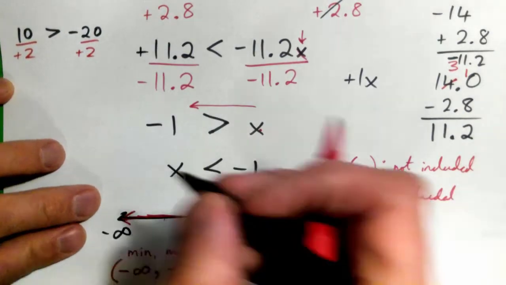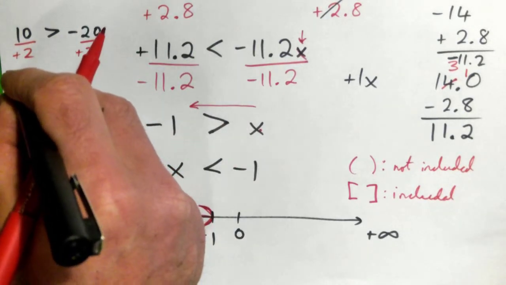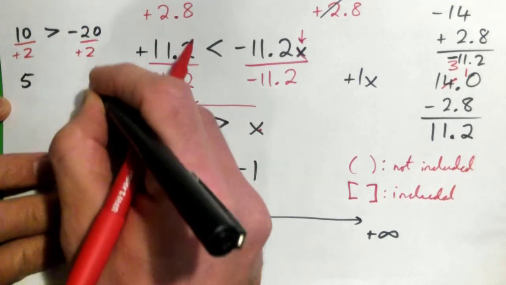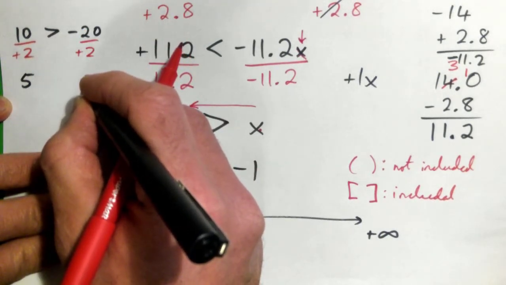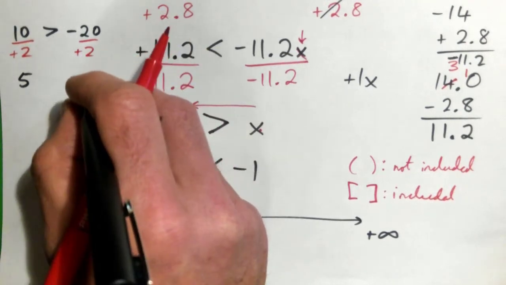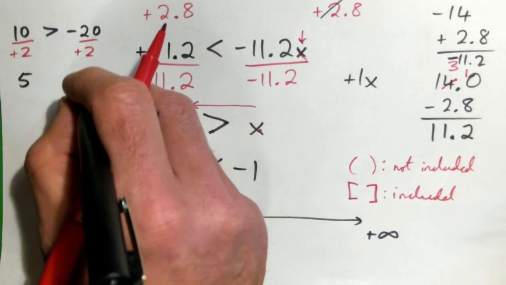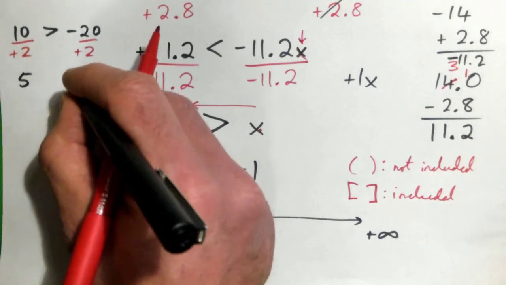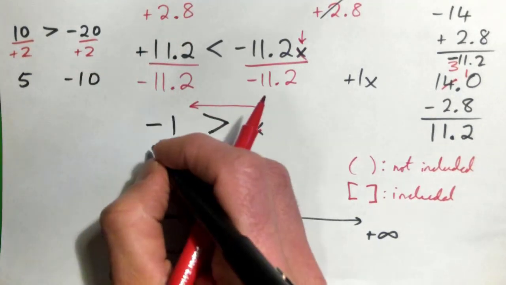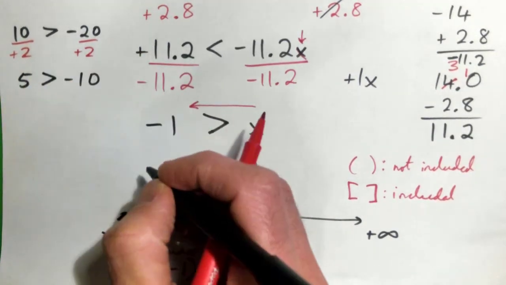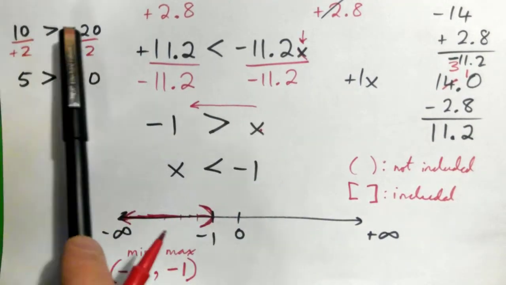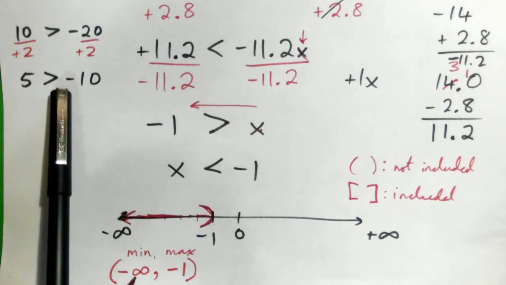What do I get on the left and right? 5 here, and what do I get over here? Negative 20 divided by 2. No. Negative 10. Now, which is greater? So 5 is greater than negative 10, right? So I divided by a positive. What happened to the inequality sign?